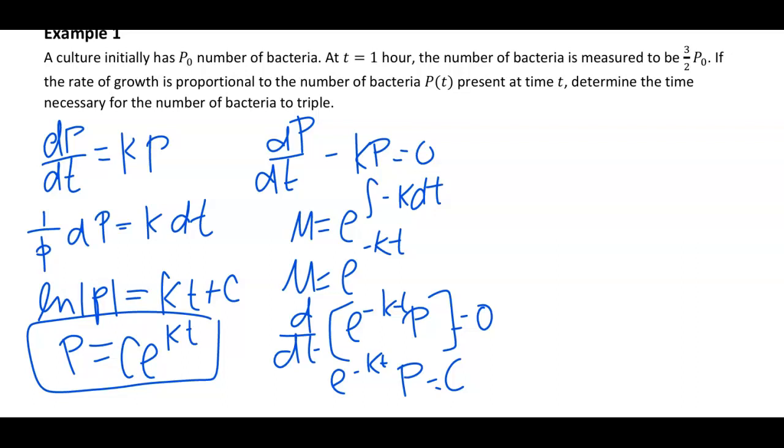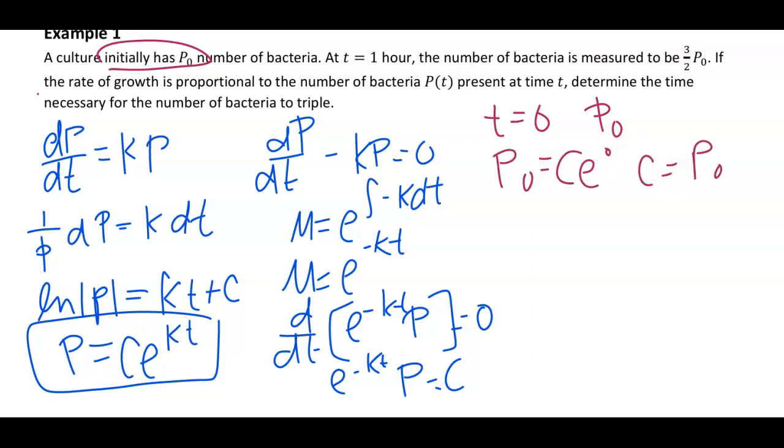All right, after 1 hour, I know that the amount is 3/2 of the initial. I do know initially I have P naught, so at t equals 0, I have this P naught. So C is whatever our initial population is. And then after 1 hour, I know that I have 3/2 of that.